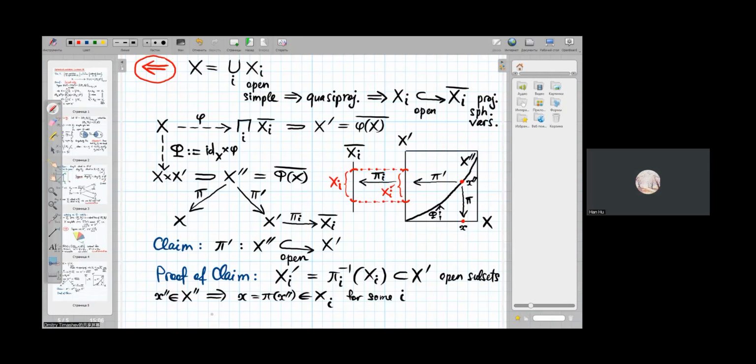This means that actually x double prime is a pair of x and some point x prime. X prime is this point, of course.